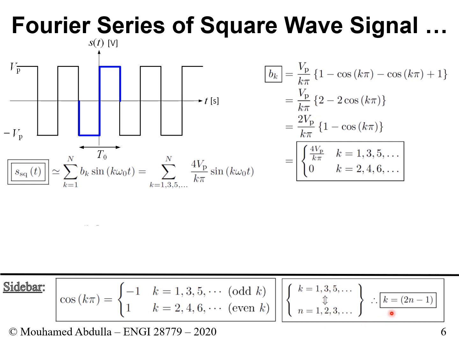So if you for instance enter 1 here, it's going to be 2 times 1, that's 2. 2 minus 1, that's 1. So that takes care of this. And if you enter 2, that becomes 4 minus 1, so that gives you a 3, and so on and so forth. So basically, instead of saying 1, 3, 5, we want to write it as 1, 2, 3, but we have to do this kind of mapping.